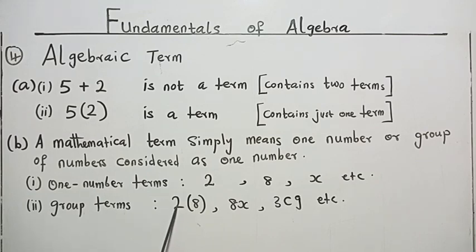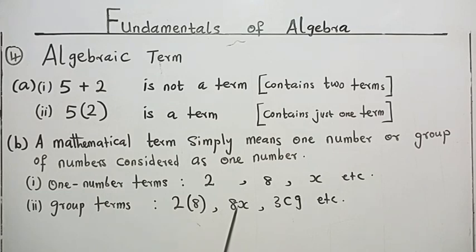Examples include 2 bracket 8. Note that in the first case, 2 and 8 were separated by comma, and because of that, there was no number operation between them. In this second case, the same 2 and 8 are put together in a group. We now regard 2 bracket 8 together as one number.